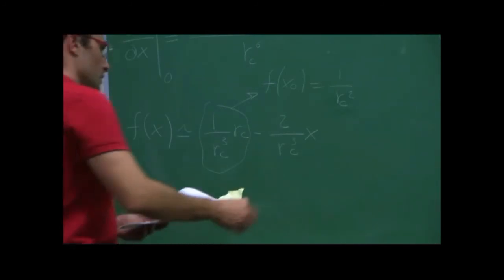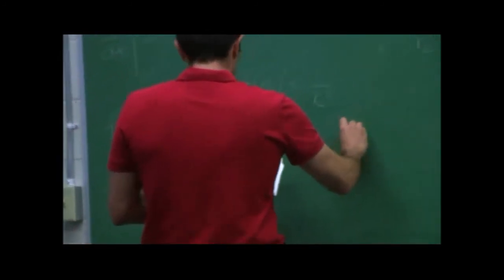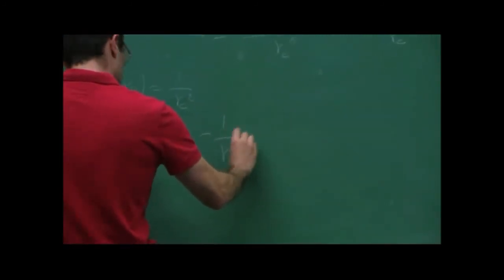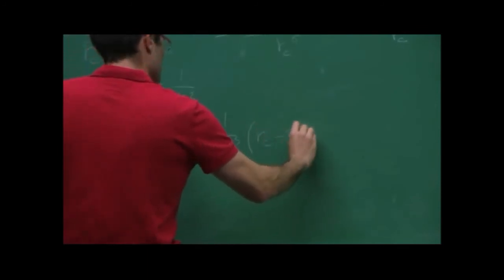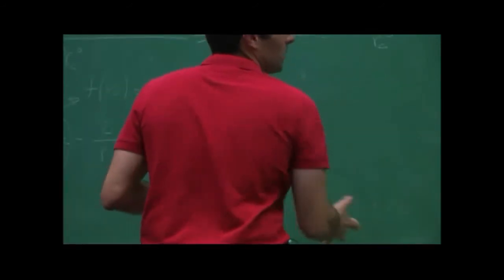Agree? Okay. So collect that. You have minus 1 over RC cubed that multiplies RC minus 2x. The same way you get the other derivatives. You can prove it to yourself. But let's substitute these in those equations.